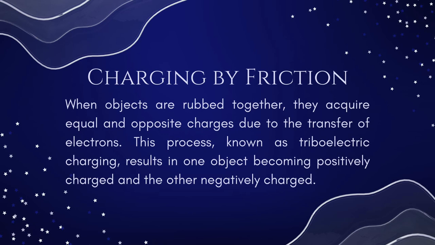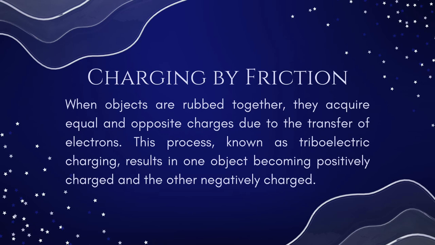This charging by friction works when two objects, often insulators, come in contact and are rubbed together. When this happens, electrons are disturbed at the atomic level. One material has a greater affinity for electrons and gains them, becoming negatively charged. The other material loses electrons and becomes positively charged.